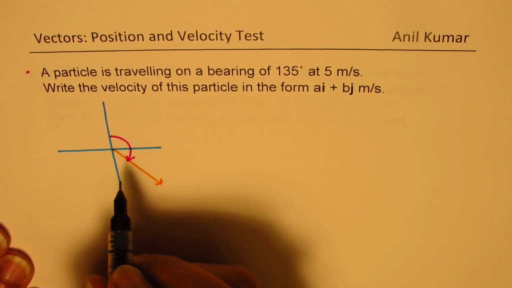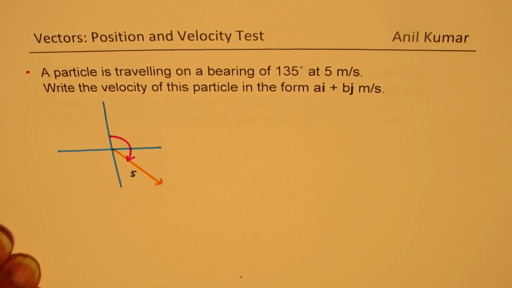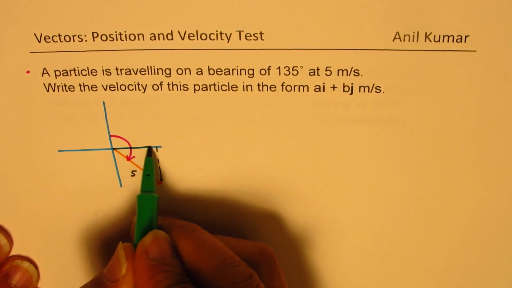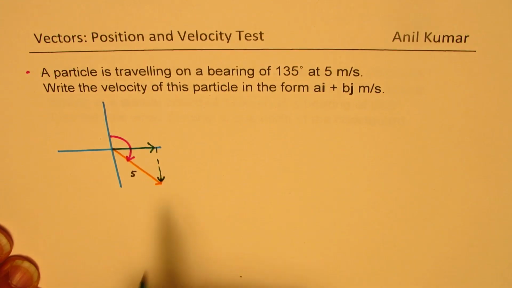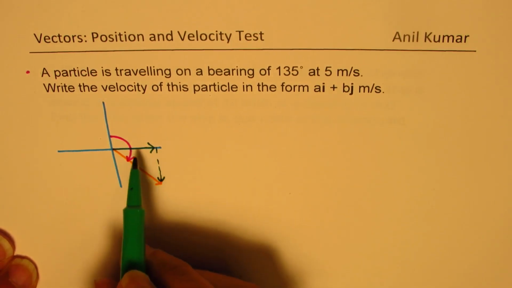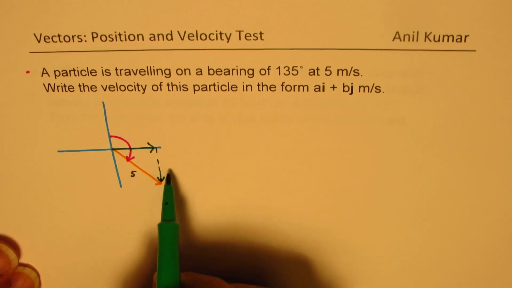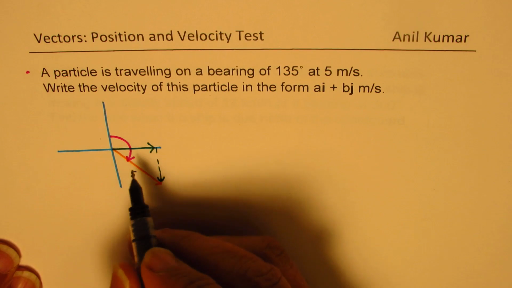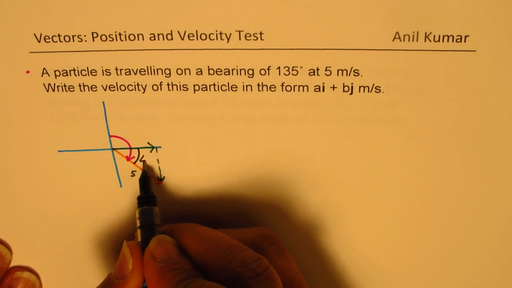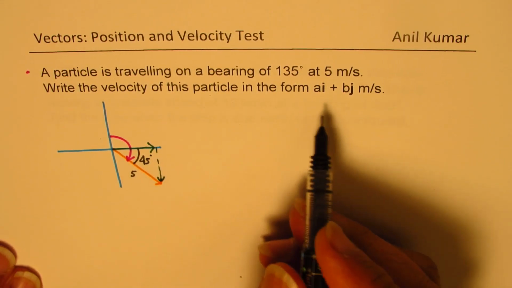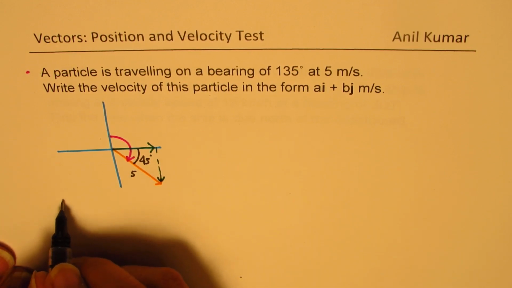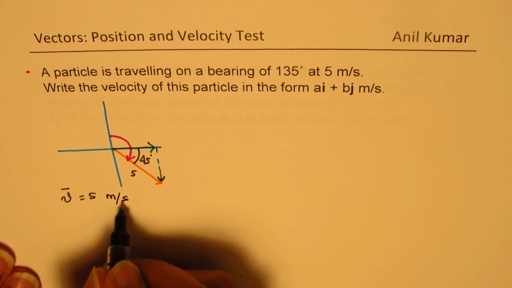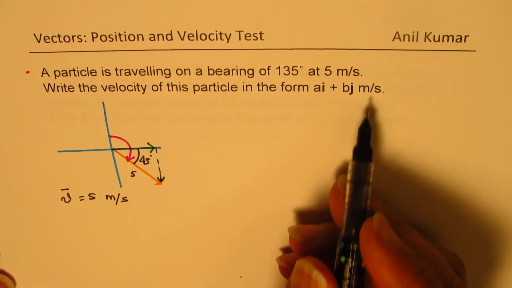We are given this as 5 meters per second. We need to resolve this into two components, which are these two components, right? So that is i, this is j. i is positive, j is negative this time, correct? Moving downwards. So you can easily do this, since basically this angle is again 45 degrees, correct? So you can write this velocity of 5 meters per second in this form as what?